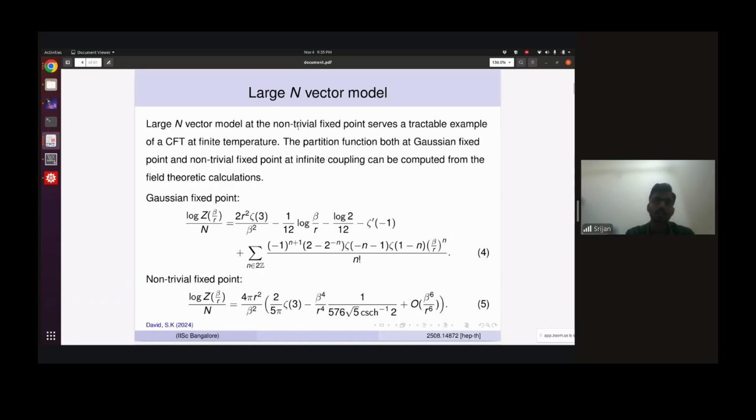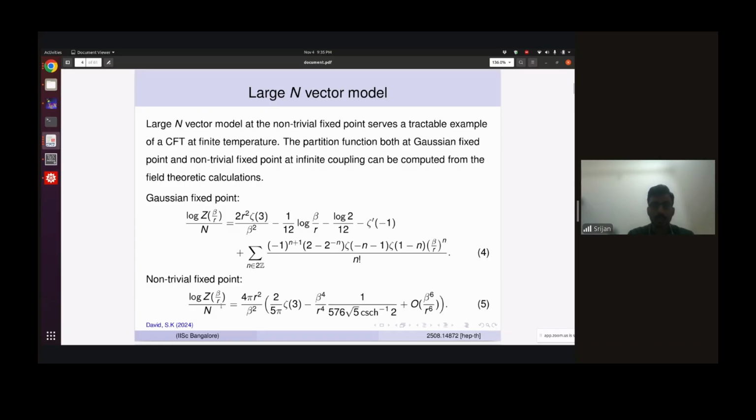The partition function, both at the Gaussian fixed point as well as the non-trivial fixed point, which is obtained at infinite coupling, can be computed from field theory calculations, completely from the CFT side. In the Gaussian fixed point, this expansion looks like this, and at the non-trivial fixed point, this is the structure.